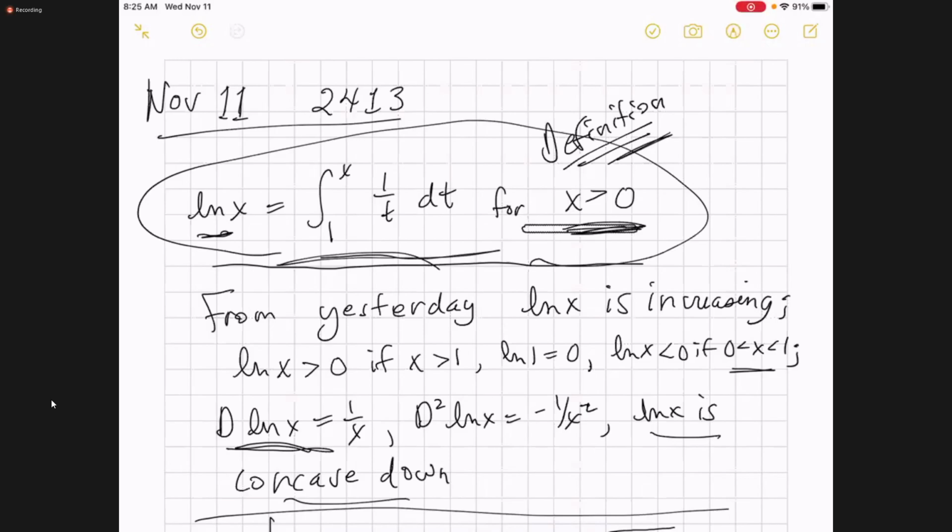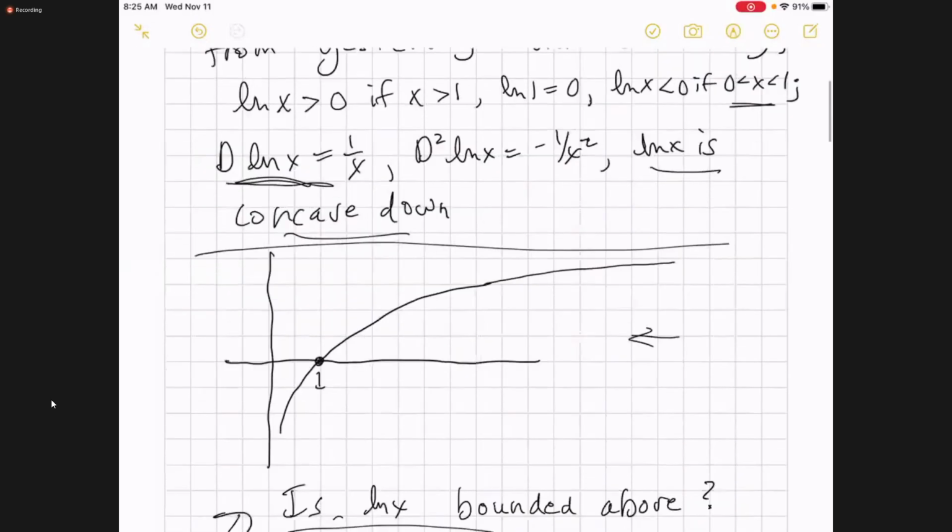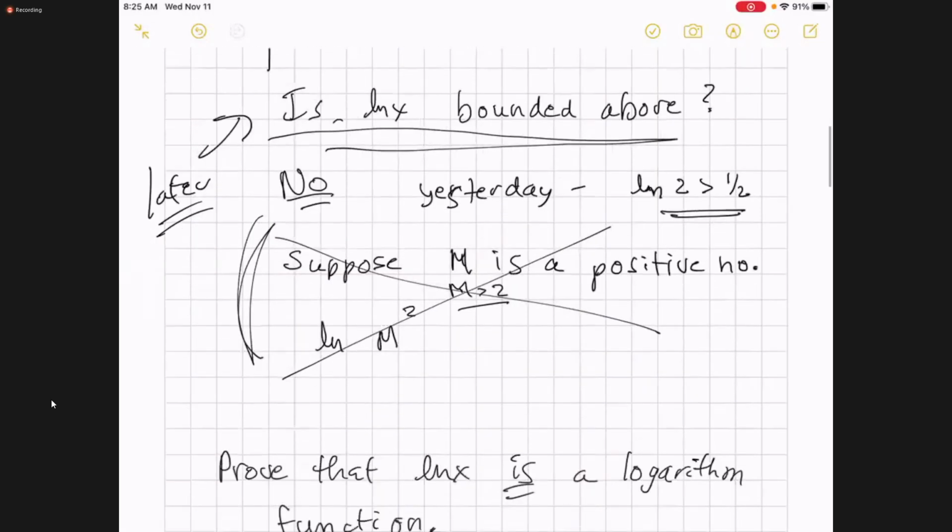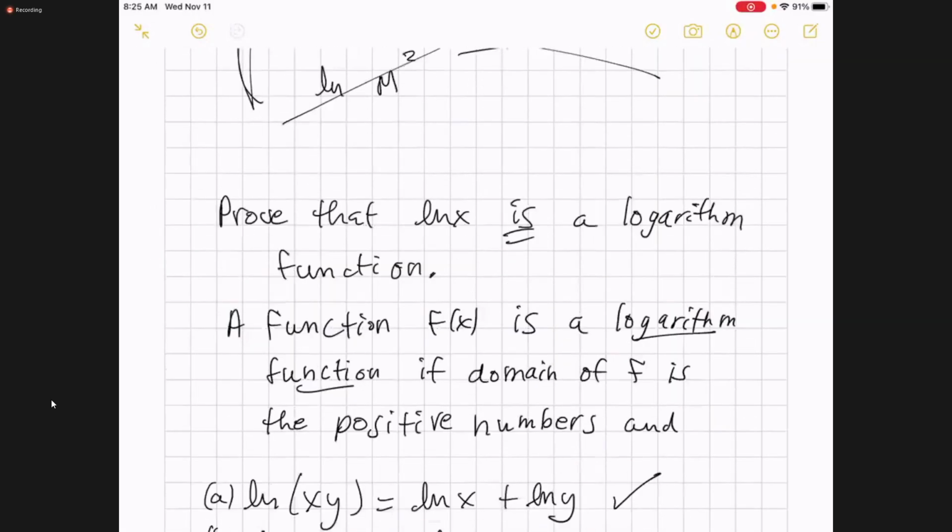So now I'm going to be using this definition to really show that this new function I've defined is what you call a logarithm function. I didn't decide what a logarithm function is, but mathematicians have.